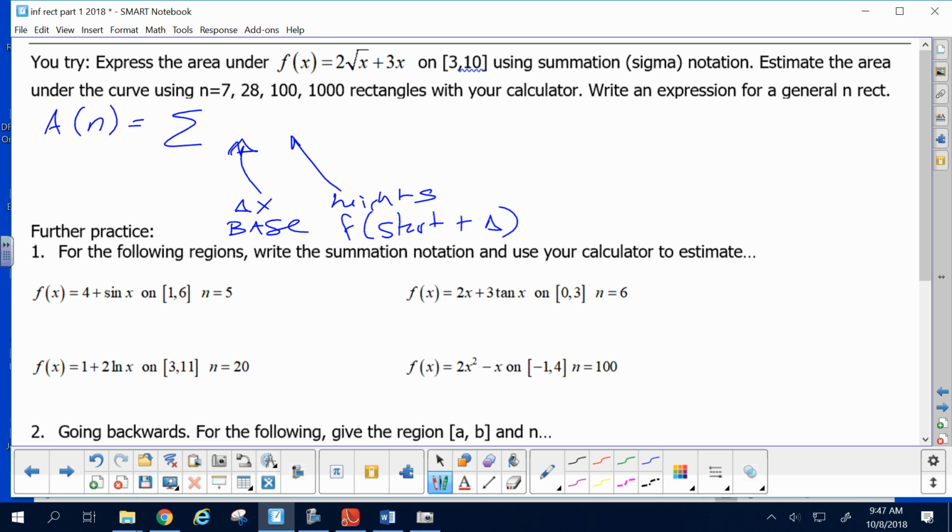So is your delta x 3 over n this time? Oh, Mr. Ingram, your delta x is not 3 over n, because the width is not 3, it's 7. The region is 7 wide, not 3 wide.